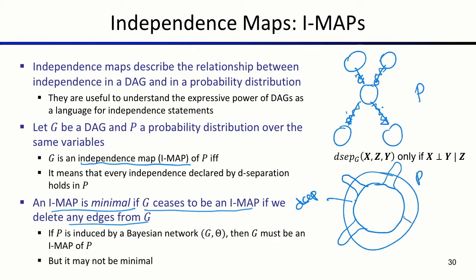So we cannot remove any edges, because in some sense this IMAP is already minimal, right? So we cannot have more independence. Any other independence that we assume for this graph will lead to some invalid independency in the probability distribution.